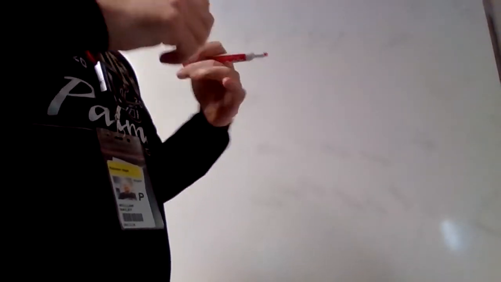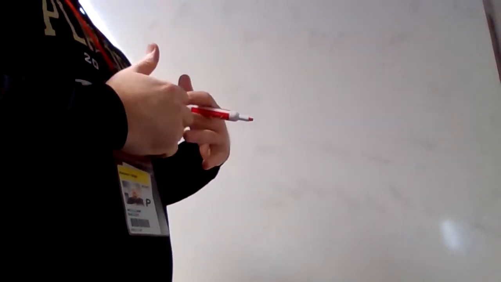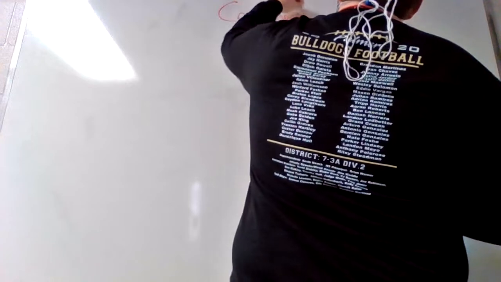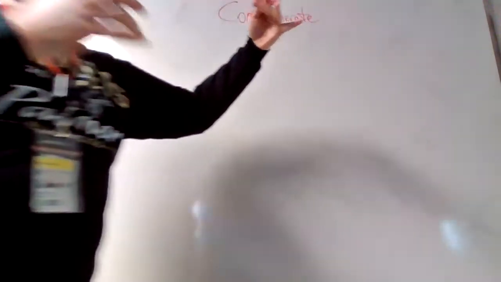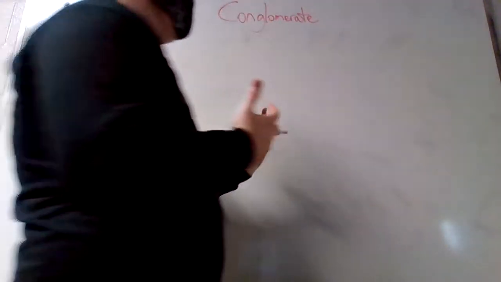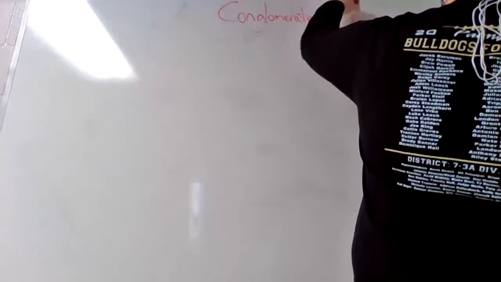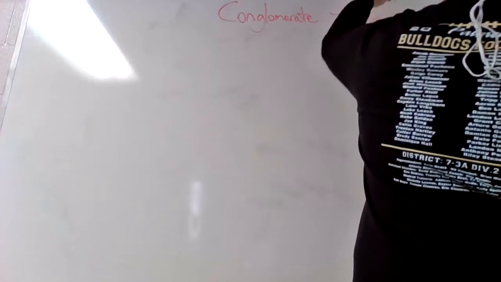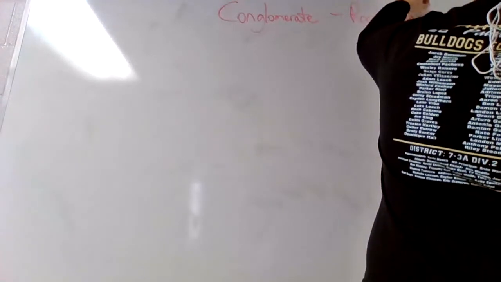These are all conglomerations. And so a conglomerate in business is a business that's like a collection of other businesses. So in geology, it's a rock that's made up of other smaller pieces of rock. So, rock made up of other rocks.